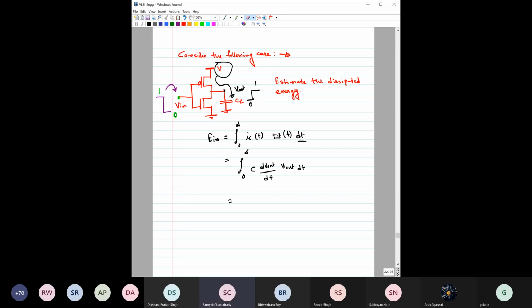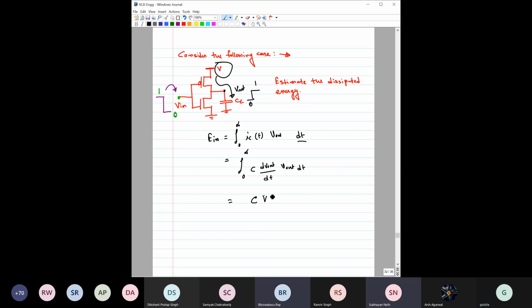So it can be written as C into d of V out square by 2. Are you saying it correctly? C into d of V out square by 2. Will it be by 2?